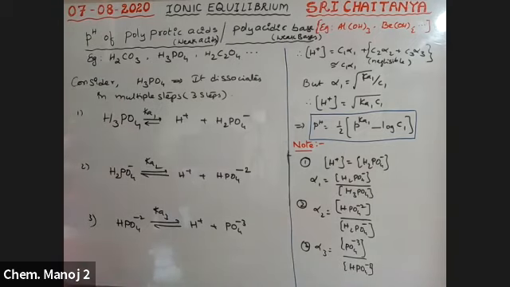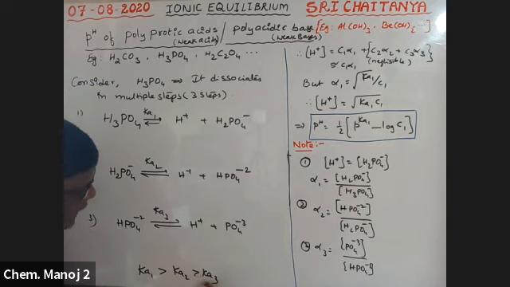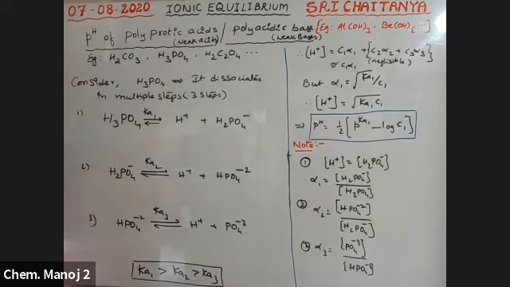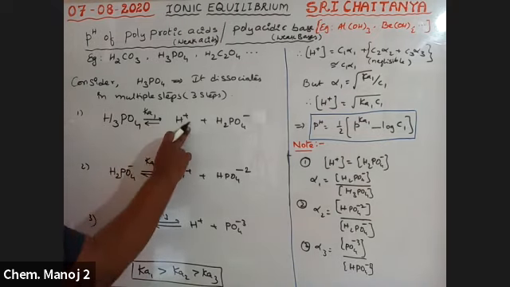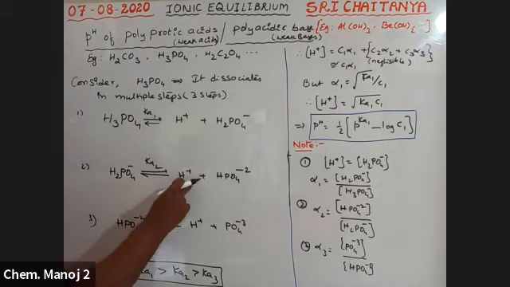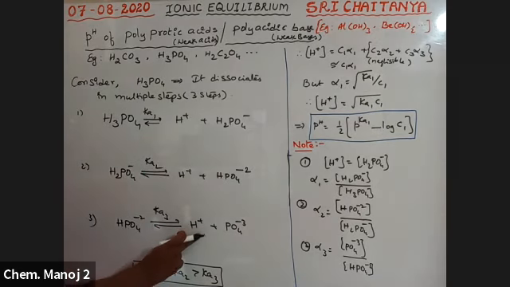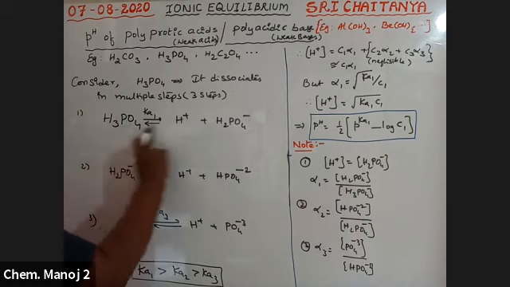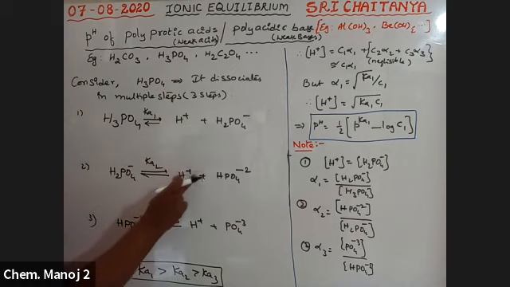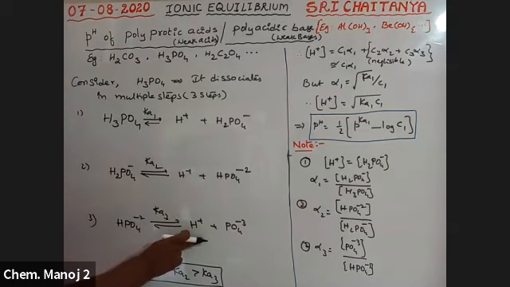Here Ka1 is much greater than Ka2, which is greater than Ka3. So the first dissociation is far higher than the second, and the second is higher than the third. The maximum H+ comes out from the first step; the second is almost negligible.